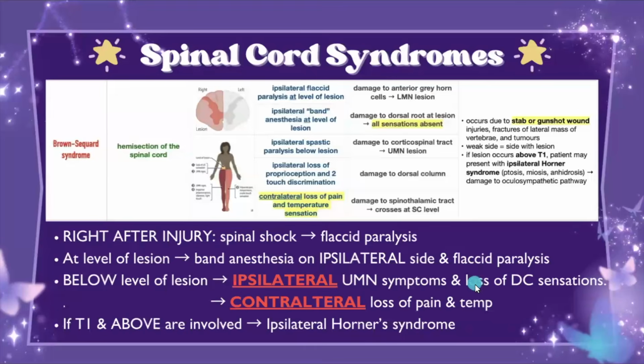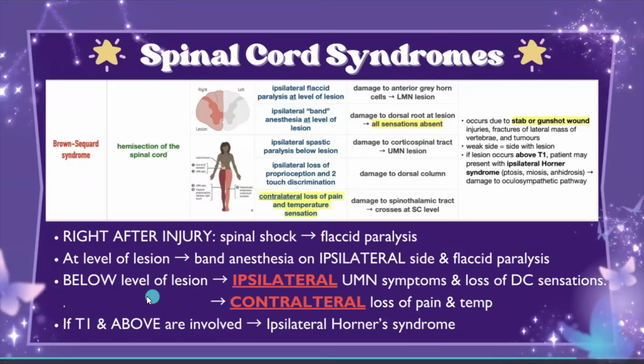And you would also have loss of the medial lemniscal or dorsal column sensations. So you would have loss of two-point discrimination, vibration, and conscious proprioception. So what about contralaterally? Contralaterally, you would have loss of pain and temperature. That is the only thing that would be on the contralateral side below the level of the lesion.